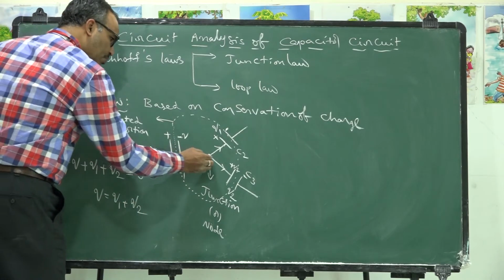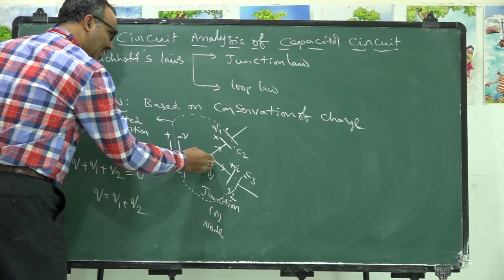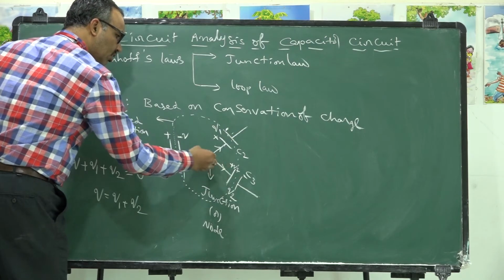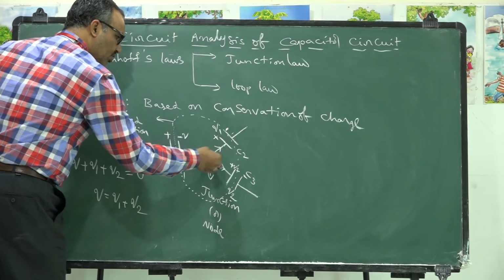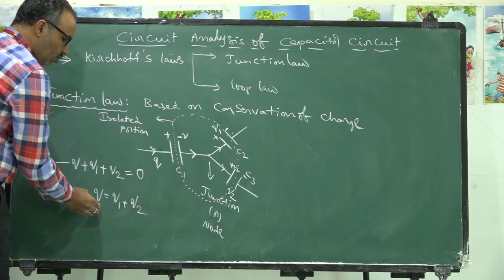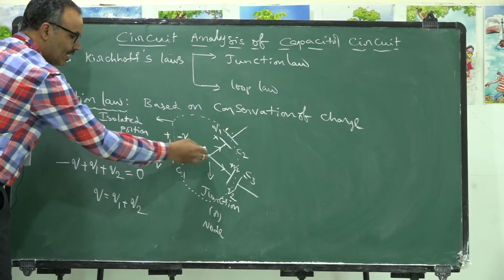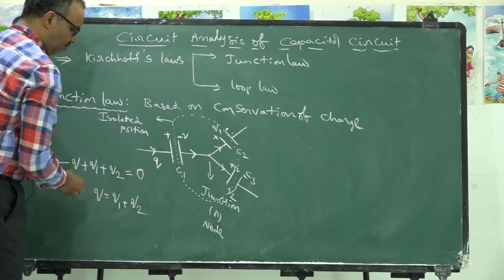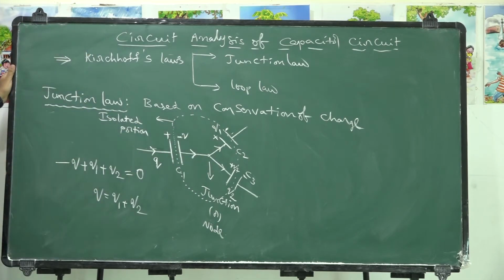Whatever charge is approaching the junction, it is getting divided into two other charges here. That means the charge approaching the node is equal to the sum of charges leaving out of the node or junction. This law is called junction law.